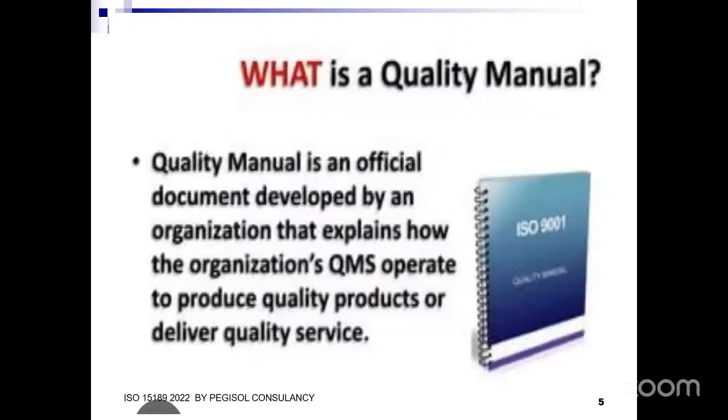So what is a quality manual? A quality manual is an official document developed by an organization that explains how the organization's QMS operates to produce quality products and deliver quality service.